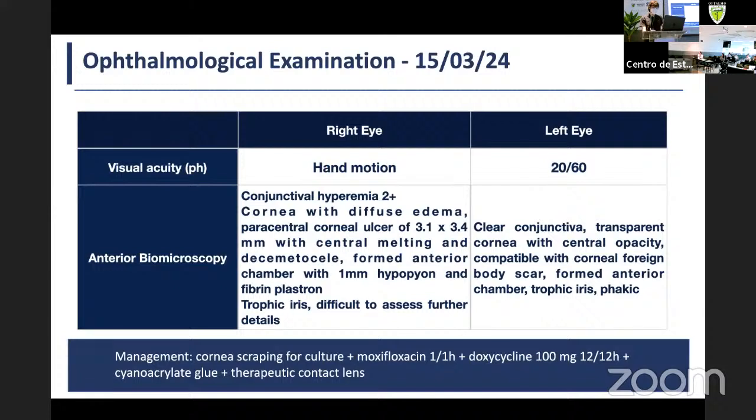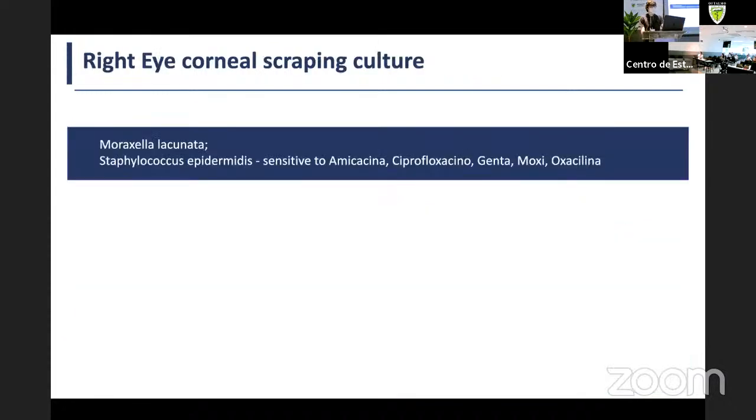So for the management in our emergency room, we did a corneal scraping for culture. We started moxifloxacin hour by hour, oral doxycycline, and we put on a cyanoacrylate glue and therapeutic contact lens. In the right eye corneal scraping culture, we had Moraxella lacunata and a Staphylococcus epidermidis that was sensitive to amikacin, cipro, gentamicin, oxacillin, so multi-sensitive.